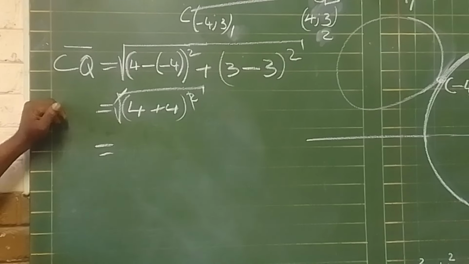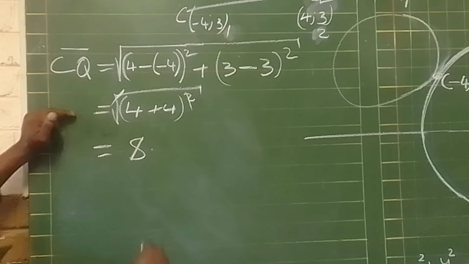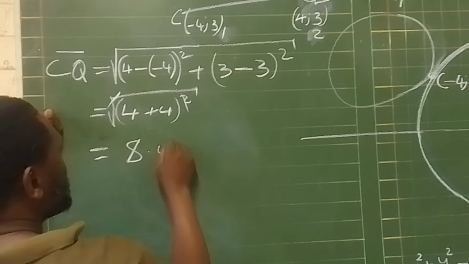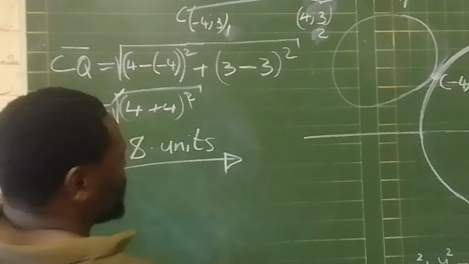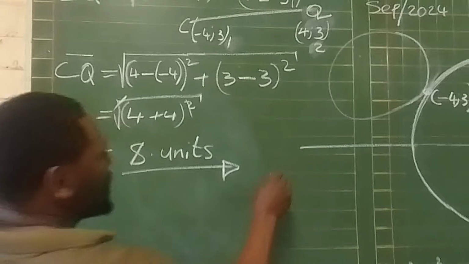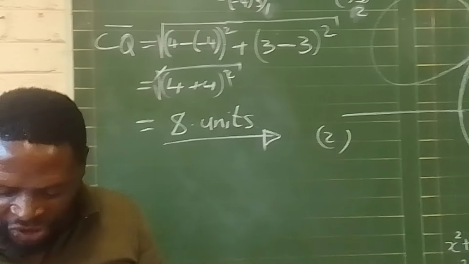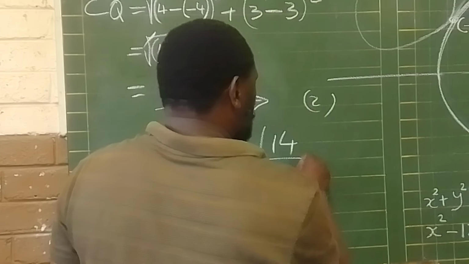This cancels that. 4 plus 4 is 8. CQ is 8 units. You have taken your 2 marks. It was 2 marks. So all in all, this question counts for 16 marks.